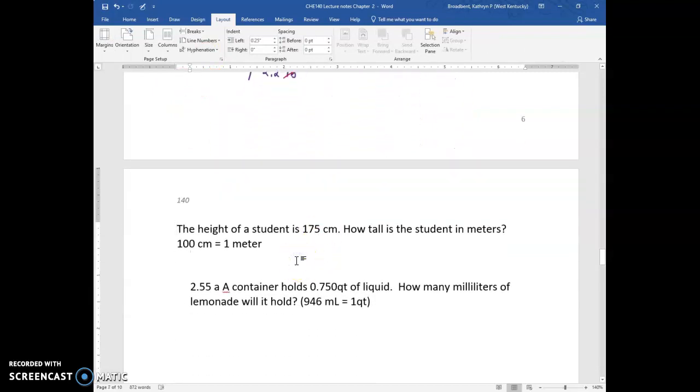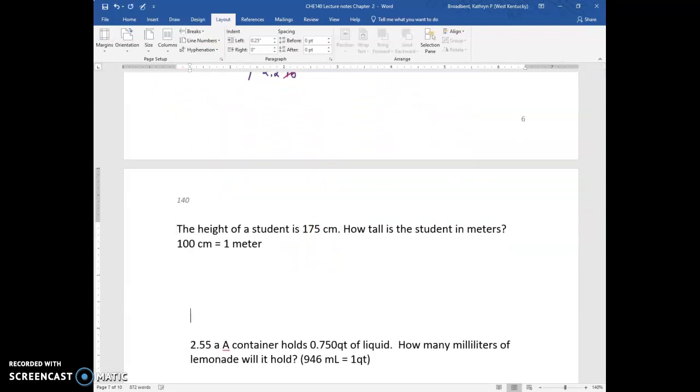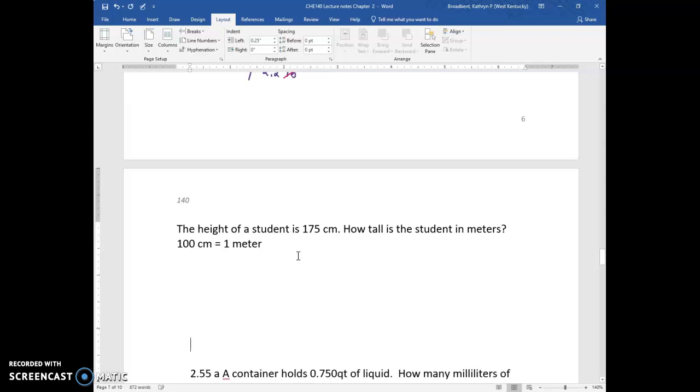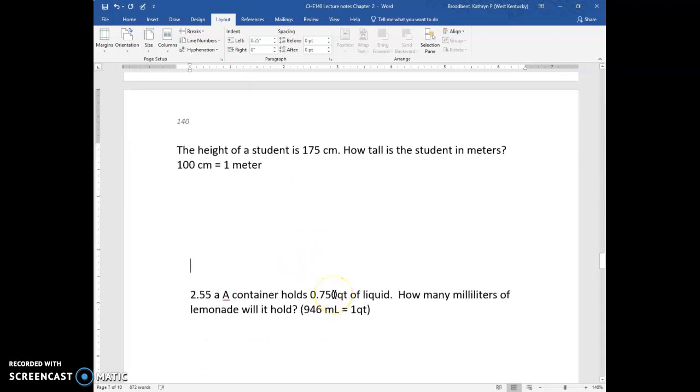You might want to stop the video and do this one on your own. All right, so the height of the student is 175 centimeters, and we'd like to know how tall in meters.